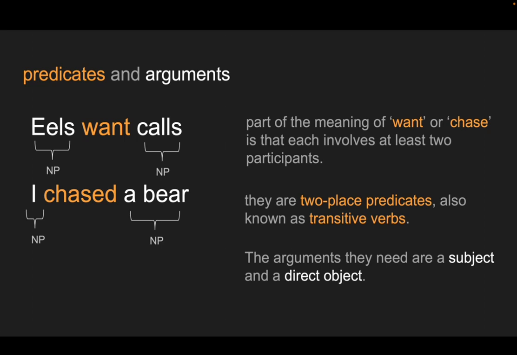The arguments of a verb are the participants that the verb needs. And usually, in these very simple cases we're going to discuss, the arguments are nouns or noun phrases, right? Not always, but often. So, a subject argument, a direct object argument.